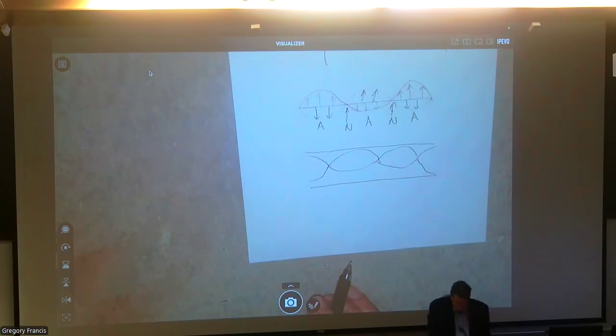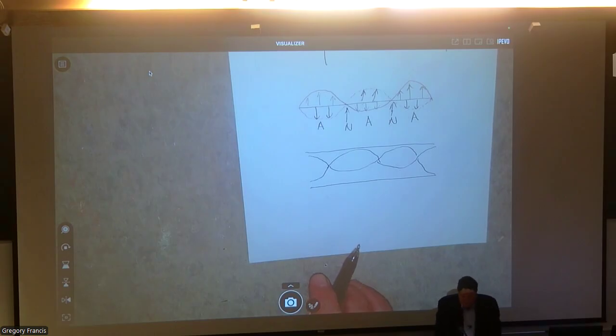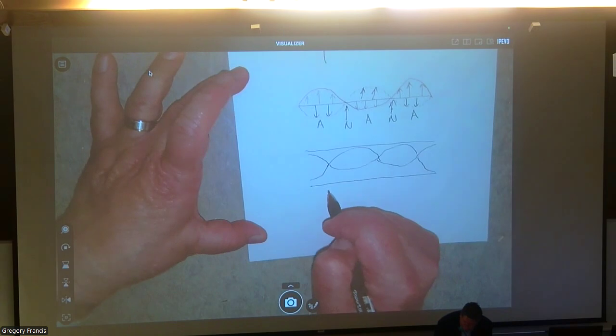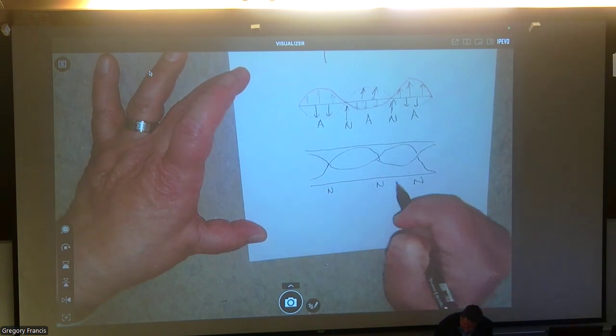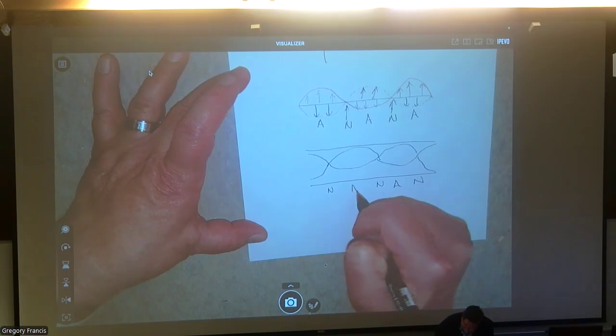Okay. The football representation really doesn't do the thing justice. It just tells us where the nodes are and where the antinodes are.